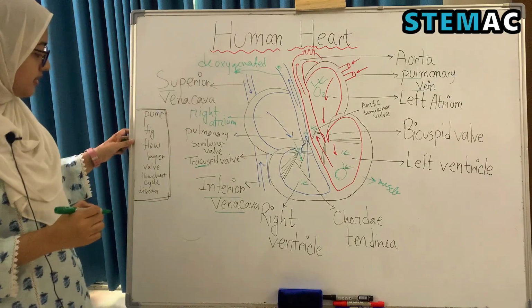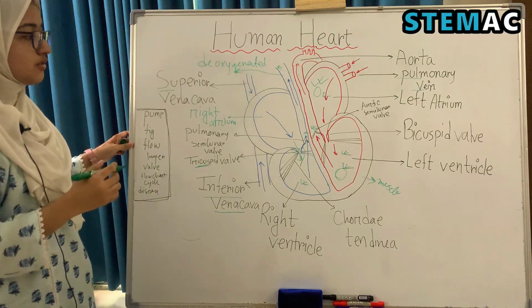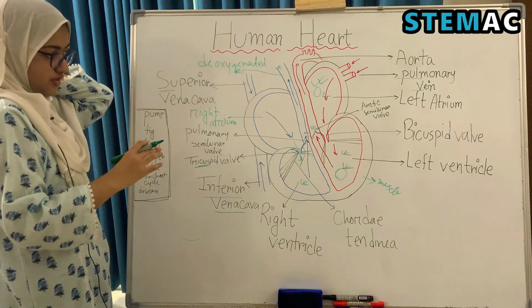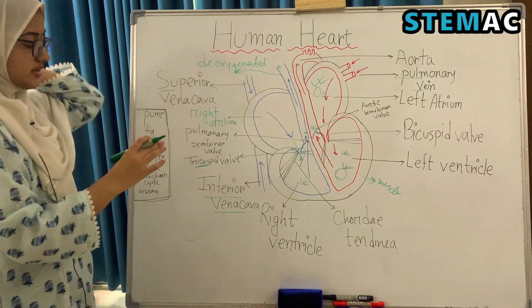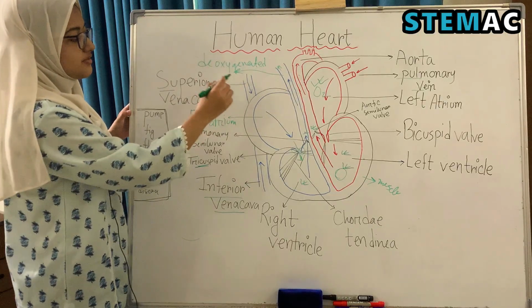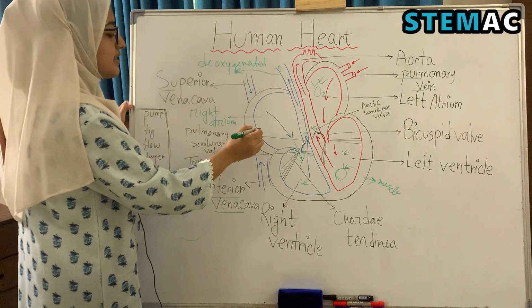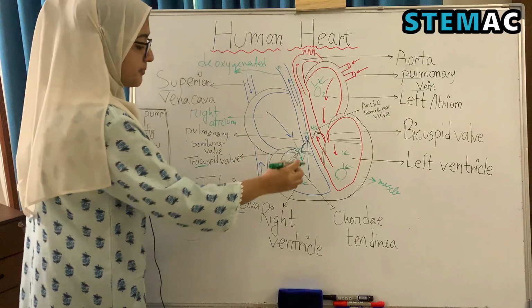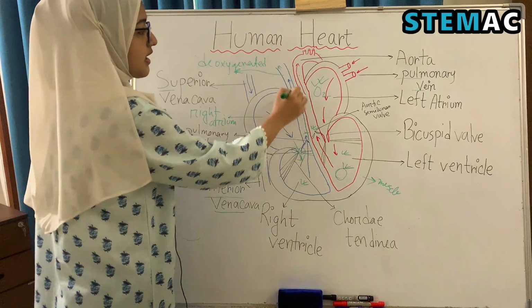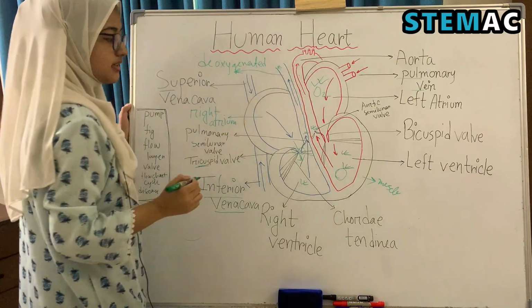So now we are going to talk about the flow chart of how the blood flow occurs. But we will just give a summary from here: the carbon dioxide rich blood comes toward the right atrium, then it goes toward the right ventricle, then it flows towards the lungs through the pulmonary artery.